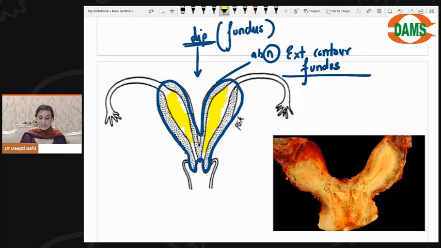This barrier, where will you look at it to know the correct answer? Will you start looking at it from the outside? Or will you first go inside of the uterus to see whether there is a barrier or not? What do you want to see first?